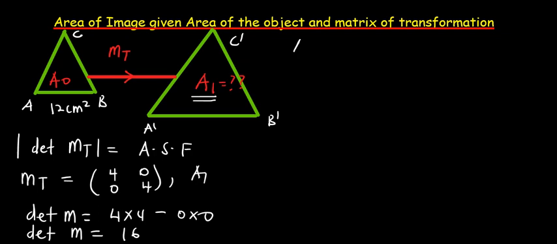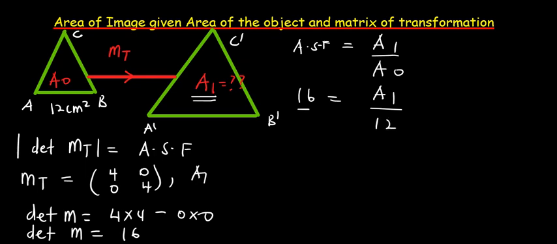Remember, area scale factor is equal to area of the image out of area of the object. Area scale factor is given by 16, which is equal to A1, which is not known, out of A0, which is 12.